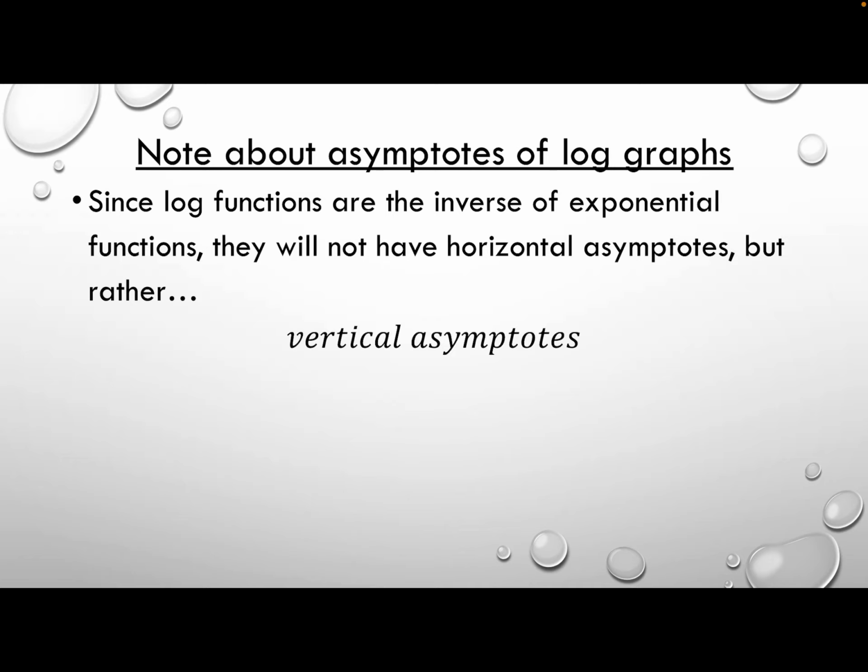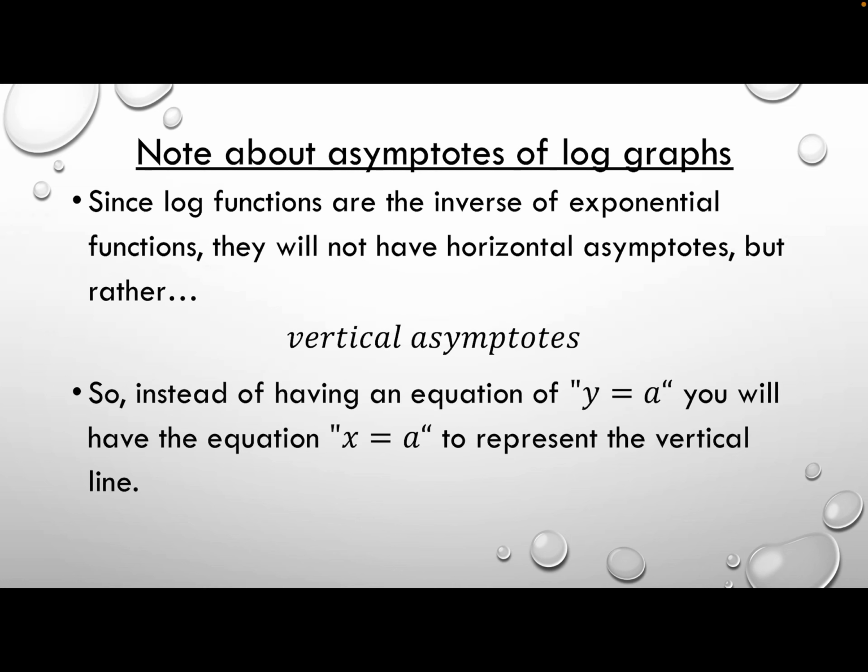That's the definition of what a vertical asymptote is: as your graph approaches some x value, it will continue going up or down indefinitely, or continue to positive infinity or negative infinity, however you want to describe it.